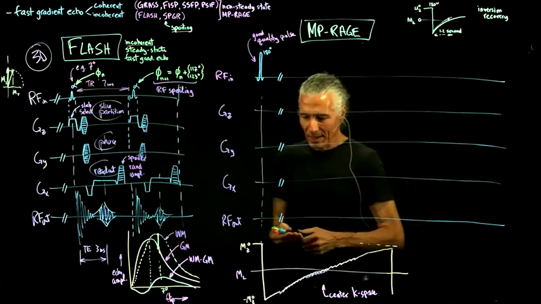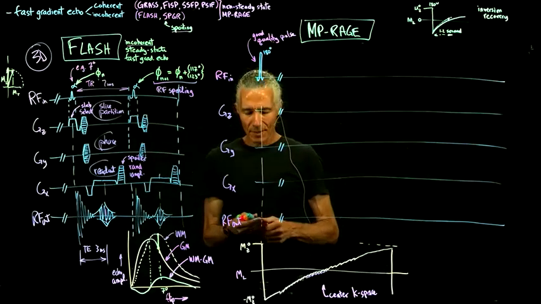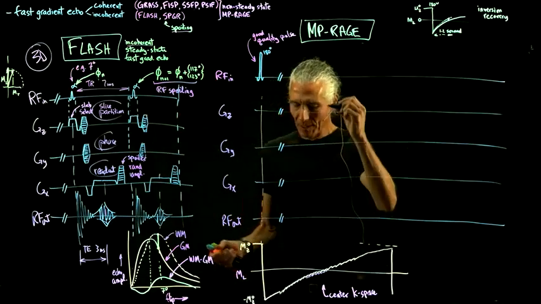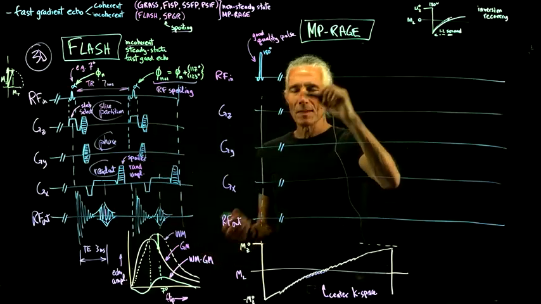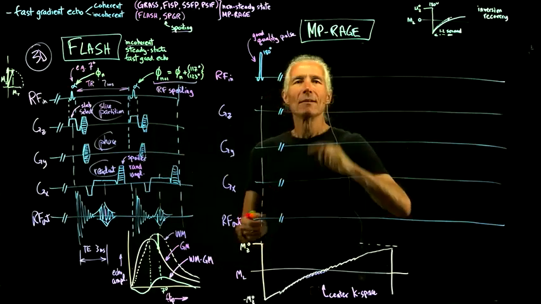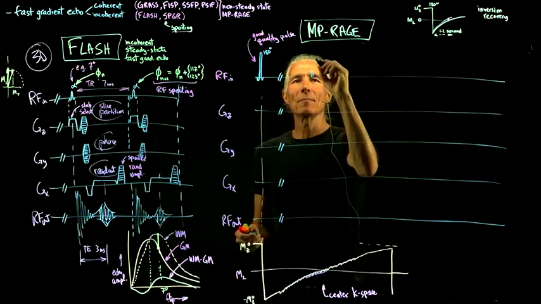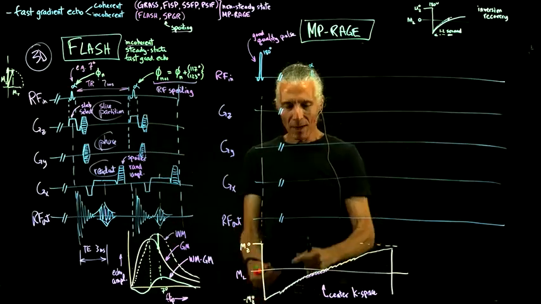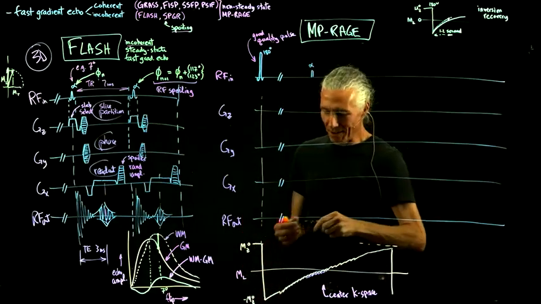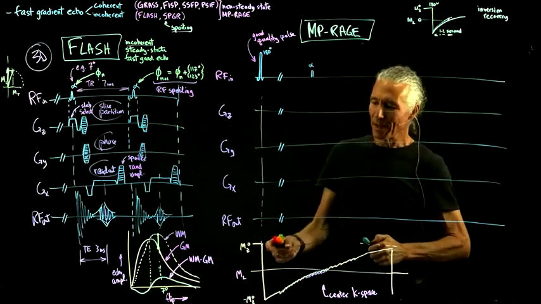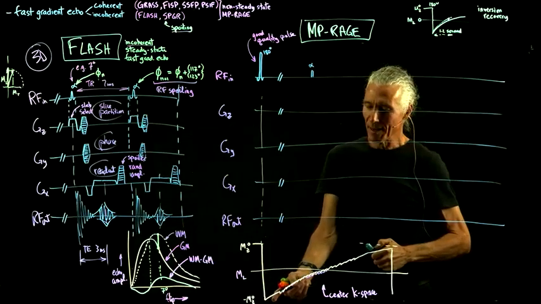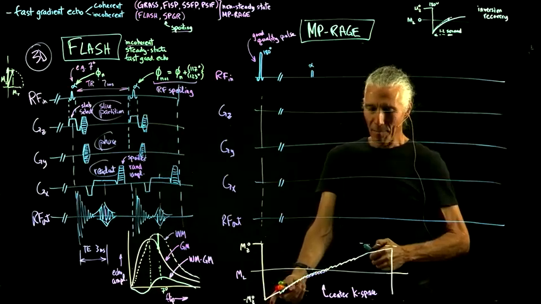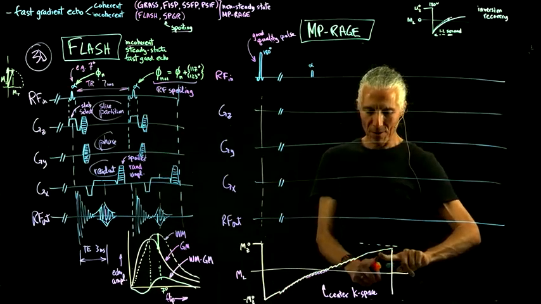And so what does the pulse sequence look like? Not too much to it. We just have a bunch of alpha pulses, and these could be relatively sloppy pulses, even just hard pulses. So here's an alpha. And so what does this sequence sound like? If you're in the scanner, I've sat in the scanner, you hear a little gap in time here, and then there's some gap here too.